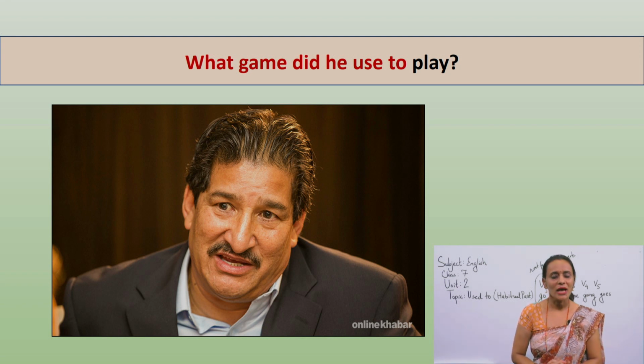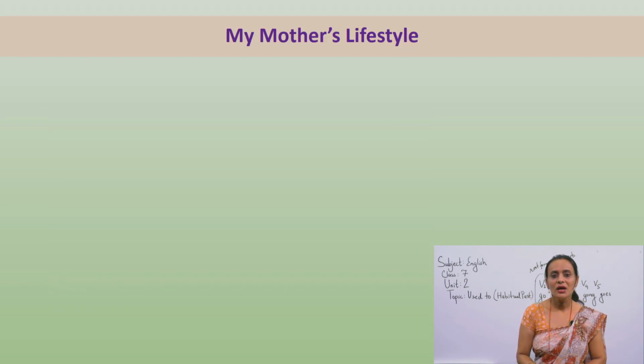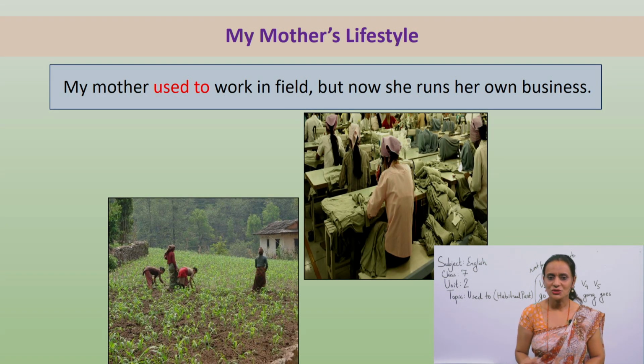After this, I would like to share one interesting story about my mother's lifestyle. Let's see it. Now look here. You can see two pictures here. My mother used to work in field, but now she runs her own business.